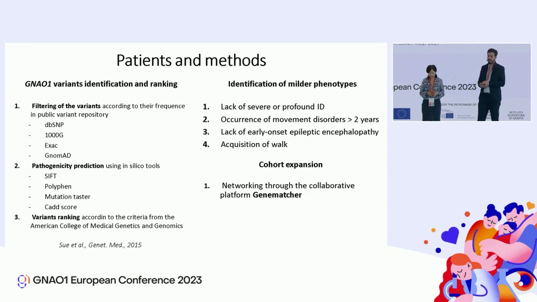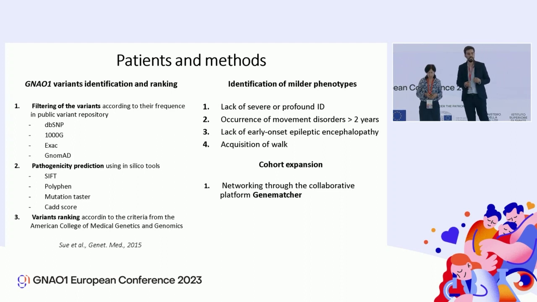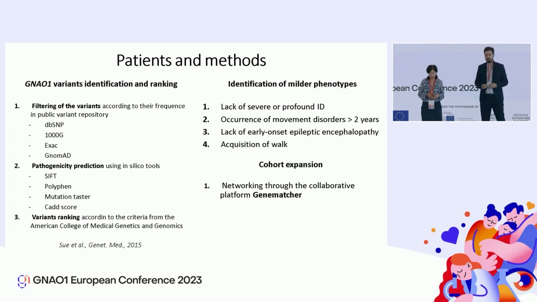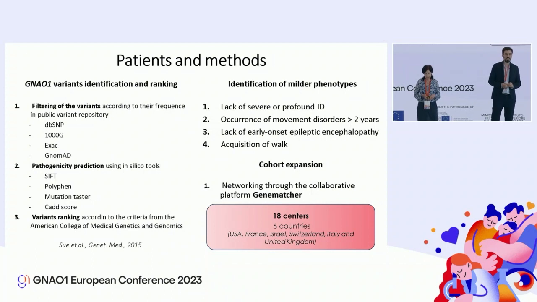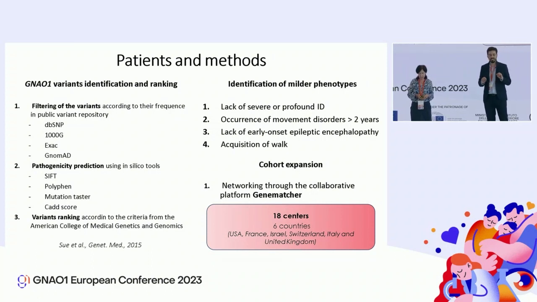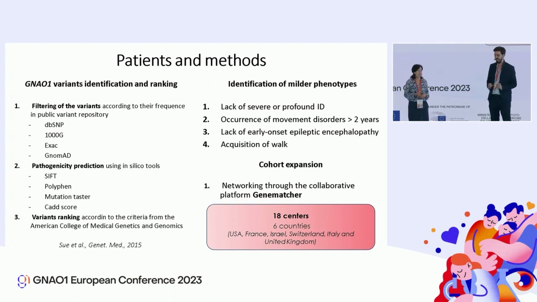We interpreted the variants according to the American College of Medical Genetics and Genomics. We filtered these variants using the public variant repositories, 1000 Genomes, ExAC, gnomAD, and used in silico tools to predict the pathogenicity of those variants. To create and expand the cohort, we used the collaborative platform GeneMatcher. You can see this as a dating application for geneticists.